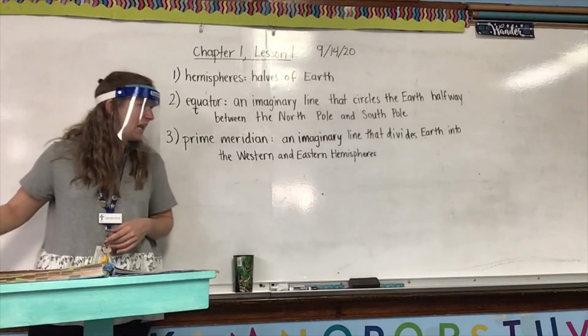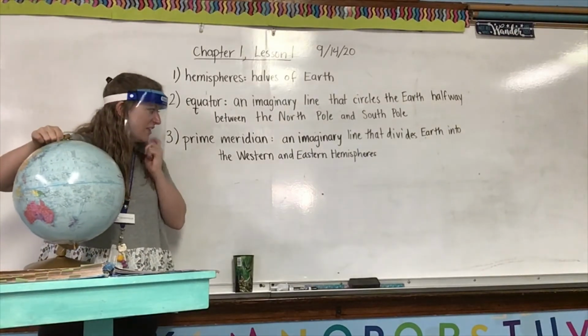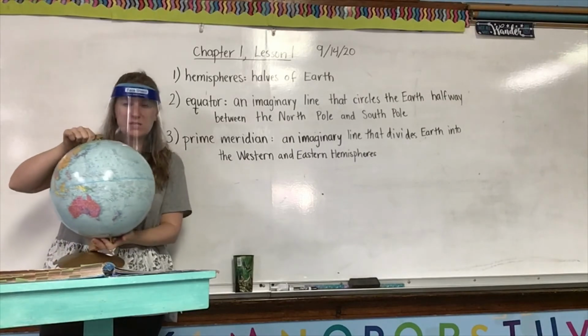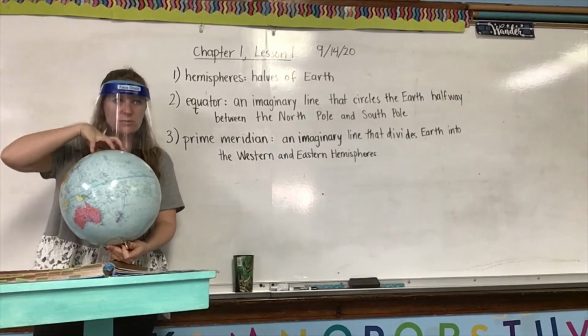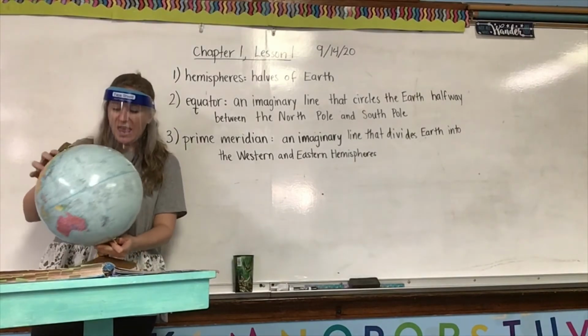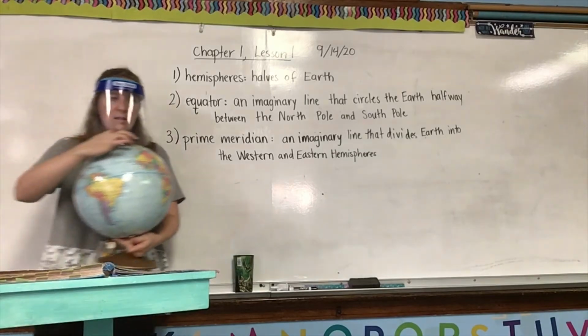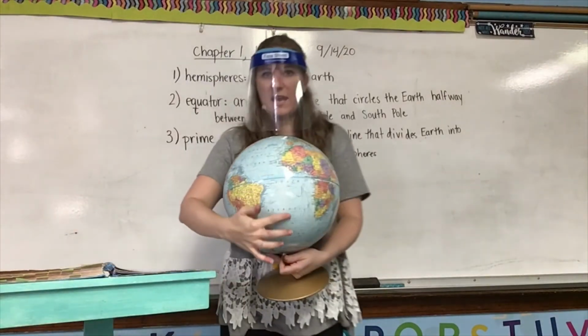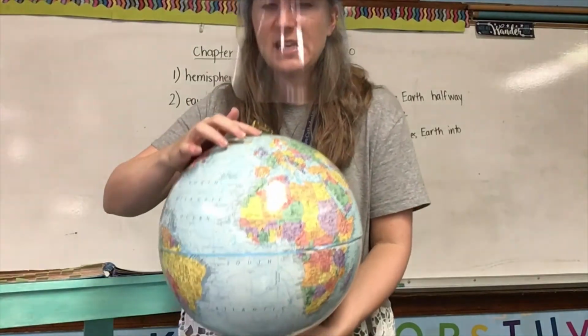So the prime meridian is another imaginary line, it is not real, that divides Earth into eastern and western hemispheres. So we have the equator that divides it into northern and southern hemispheres, and then we have the prime meridian, which is a little harder to see. But it goes all the way across and then comes up the other side. So this is the prime meridian.